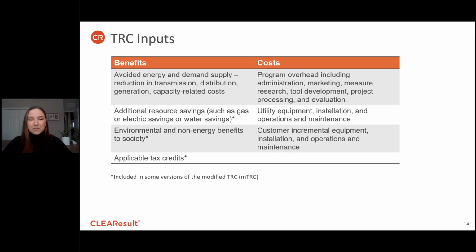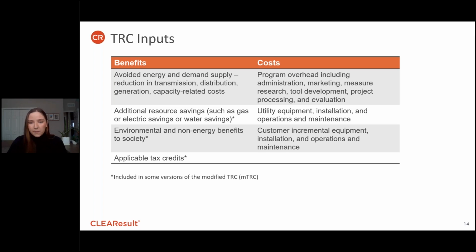And then sometimes you'll see applicable tax credits being counted into this benefit cost ratio. I will say that's not as common, but we do see it sometimes. Now, the costs for the TRC are going to be your program overhead. So that's going to be your marketing, your admin, your evaluation, those types of things.